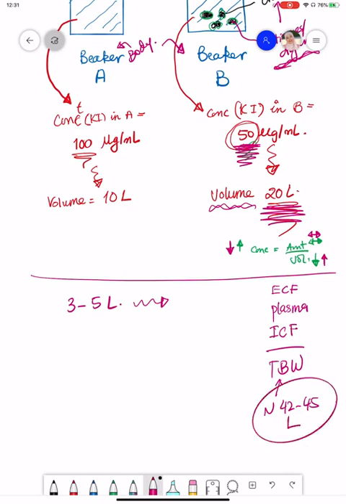Okay. So if we are talking about, again, actual physiological volume, then our volume of distribution, whatever the drug, should have the range between 3 to 5 liter minimum to maximum 45 liter. But this is not the case in the kinetic.